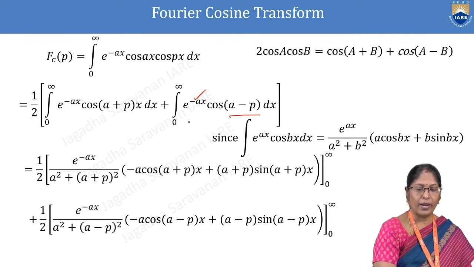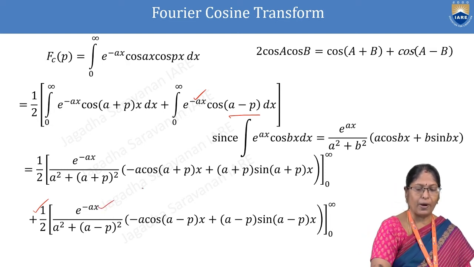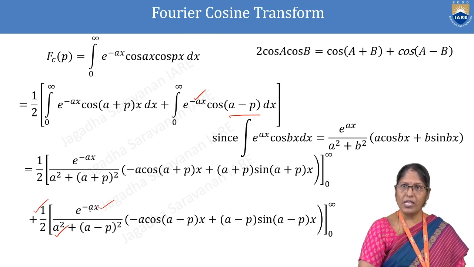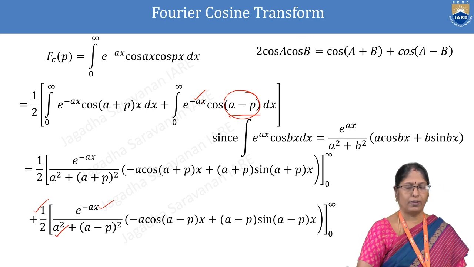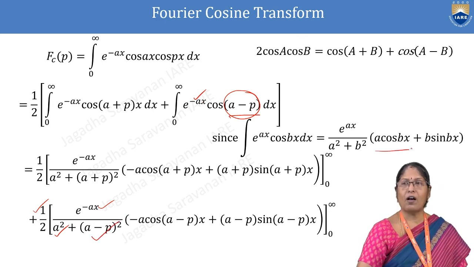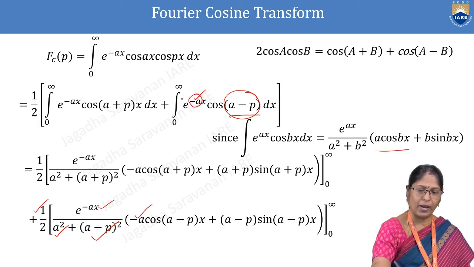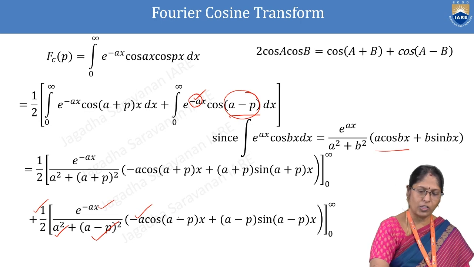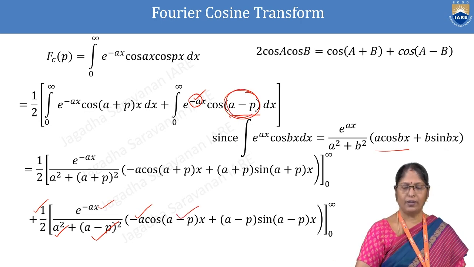This 1 by 2 is written here, e power minus ax, a square plus b square, which is nothing but a square plus a minus p the whole square, a cos bx, that is minus a cos bx, where our b is a minus p.